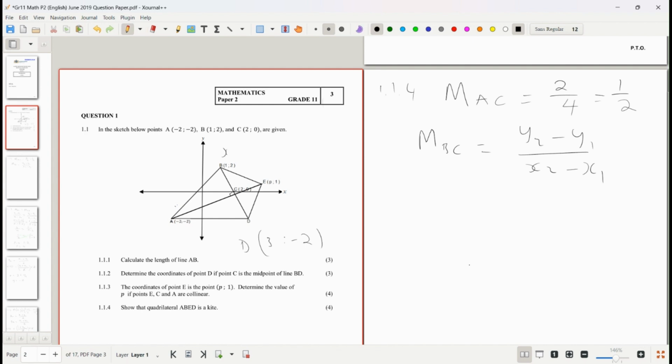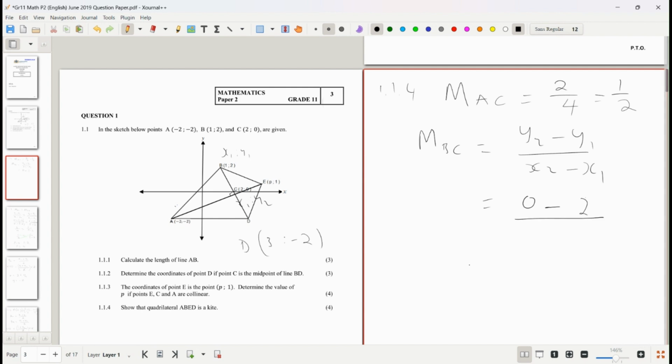This will be our x1, y1, and then this will be our x2, y2. Our y2 is 0, and our y1 is 2.